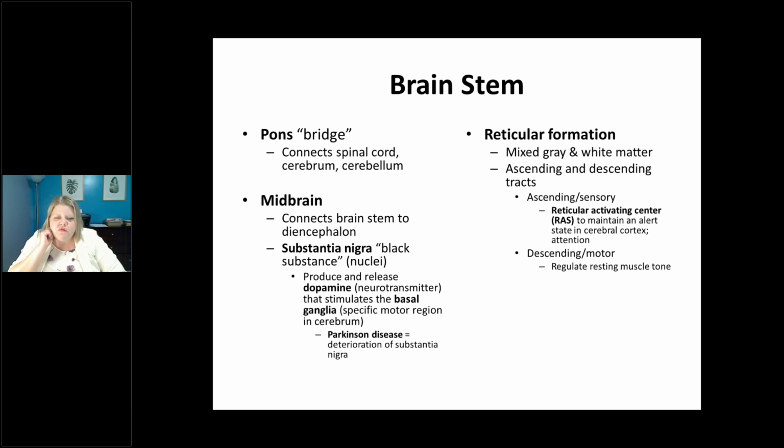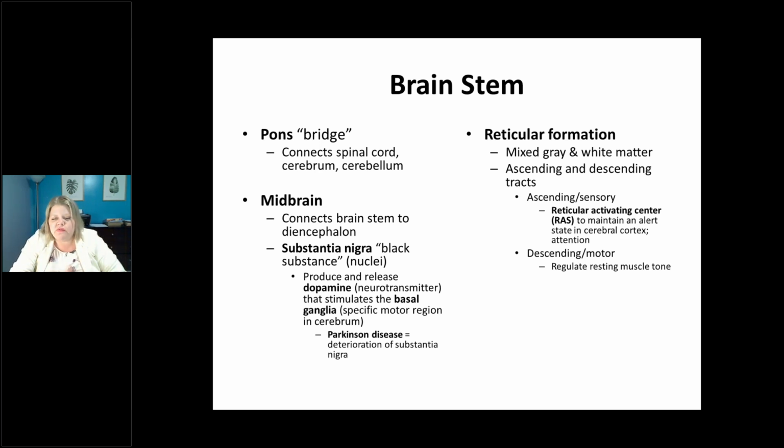The reticular formation is also found in the midbrain and the brainstem. It's a mix of gray and white matter and has both ascending and descending tracts. The sensory function of the reticular formation has to do with maintaining an alert state or attention.